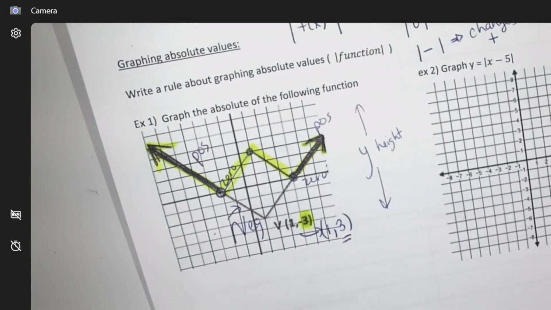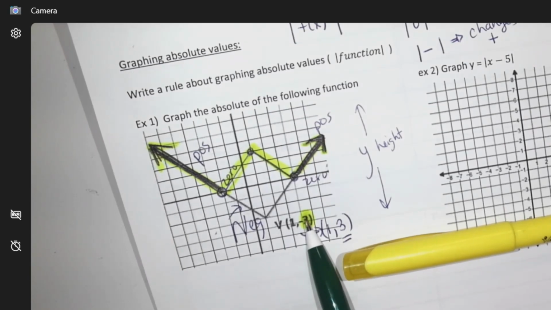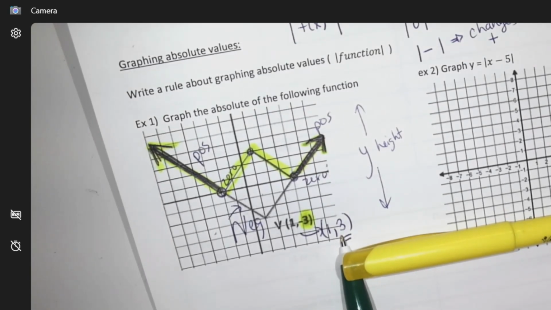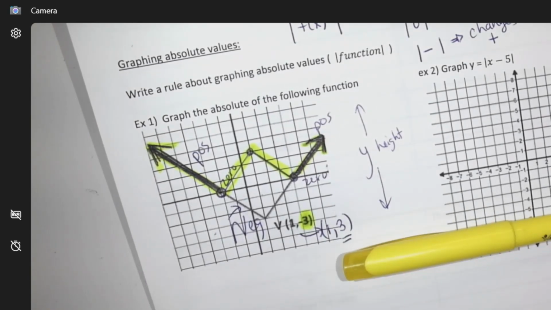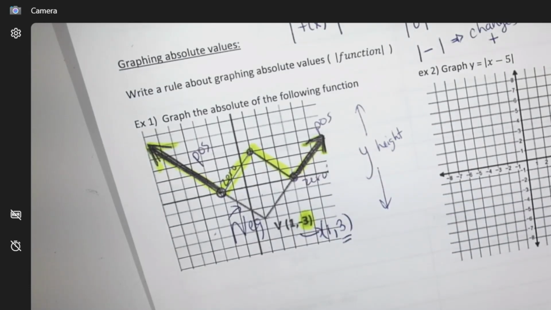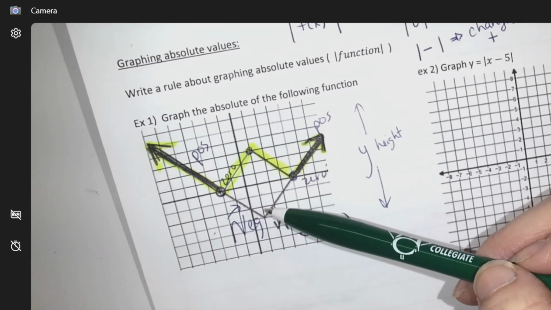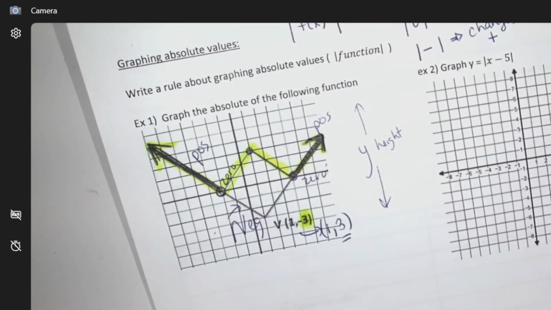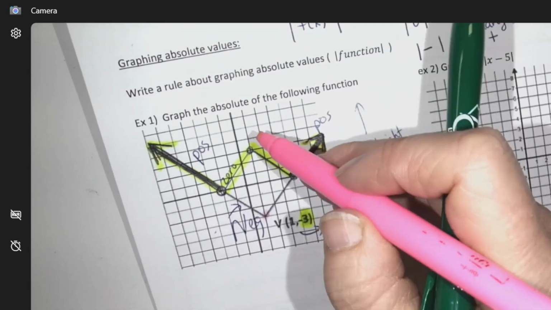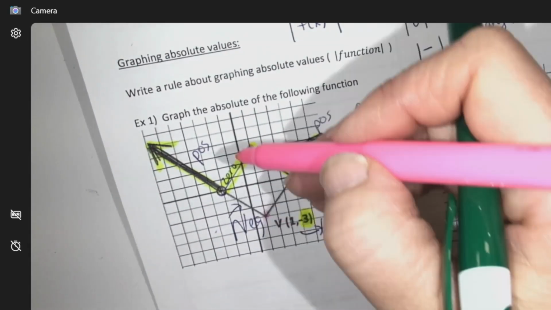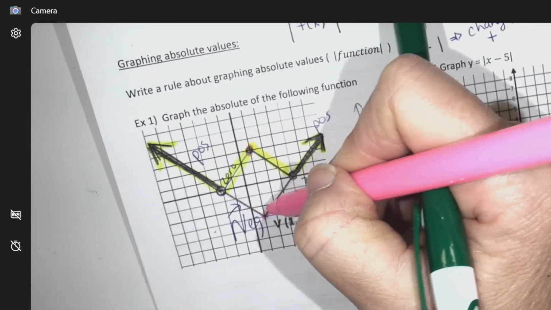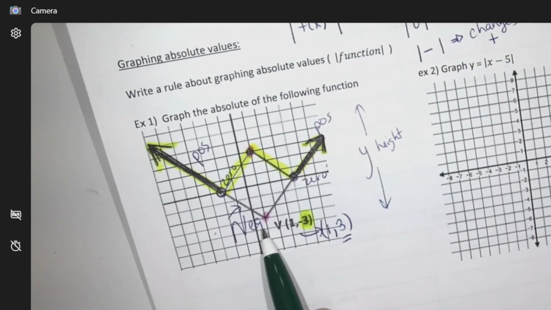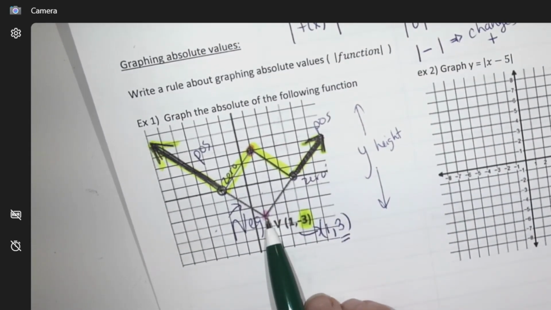The height was negative 3, so we changed the height to positive 3. Yeah, but why isn't it 1 over? This point is now here. So I went from here and I moved it to there. I just moved the height of it. I didn't move it left or right at all. I just moved it the height.